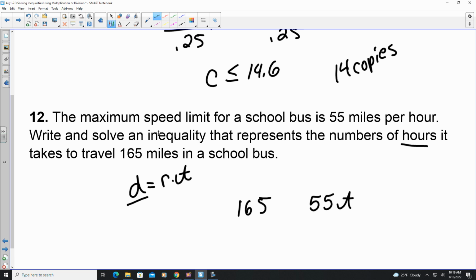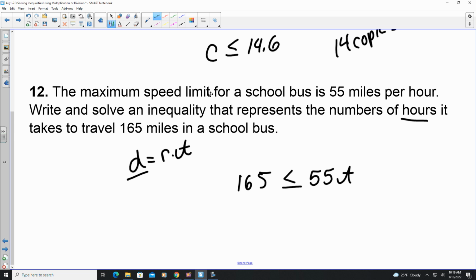And with that, because it's maximum speed, it can be equal to, but it can't be any more than that. So we want to say that it's less than or equal to in this particular situation.